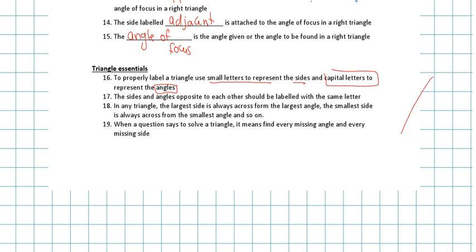So I have a triangle, angle A, angle B, angle C. They're labeled in capital letters. Now, side A is going to be across from angle A. So this would be labeled as side A. Side B would be across from angle B. It's labeled with a small b. And side C would be the one across from angle C.